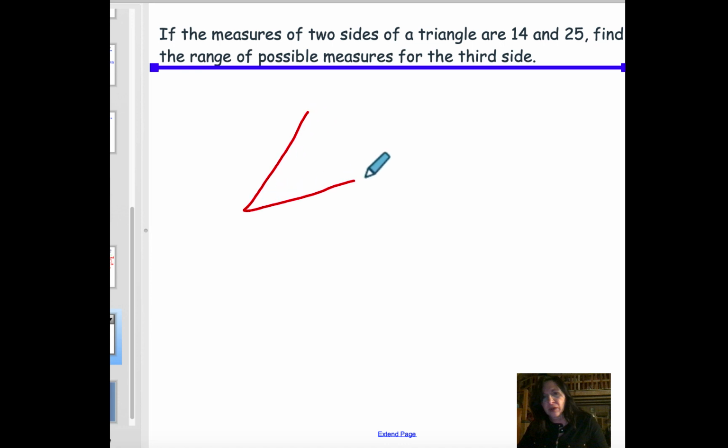For this problem here, it says the measures of two sides of a triangle are 14 and 25. So here's a triangle, here's 14, here's 25. What they want to know are all the possible ranges for the other side of the triangle. So for that value, you just have to keep in mind, remember, the sum of two sides of the triangle has to be greater than the third side.